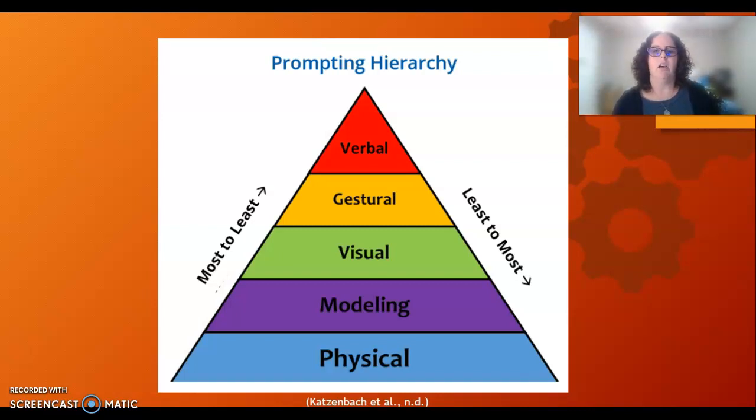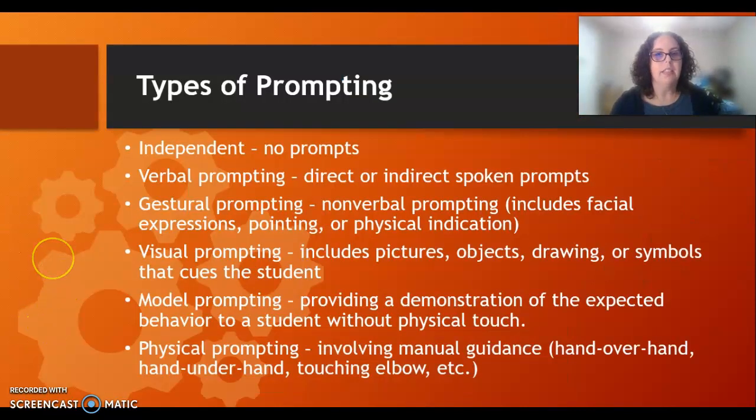As you can see, they have verbal, gestural, visual, modeling, and physical. On this hierarchy by Katzenbach et al., there is not an independent section. Sometimes authors leave out that section just because we know independence is no prompts at all.